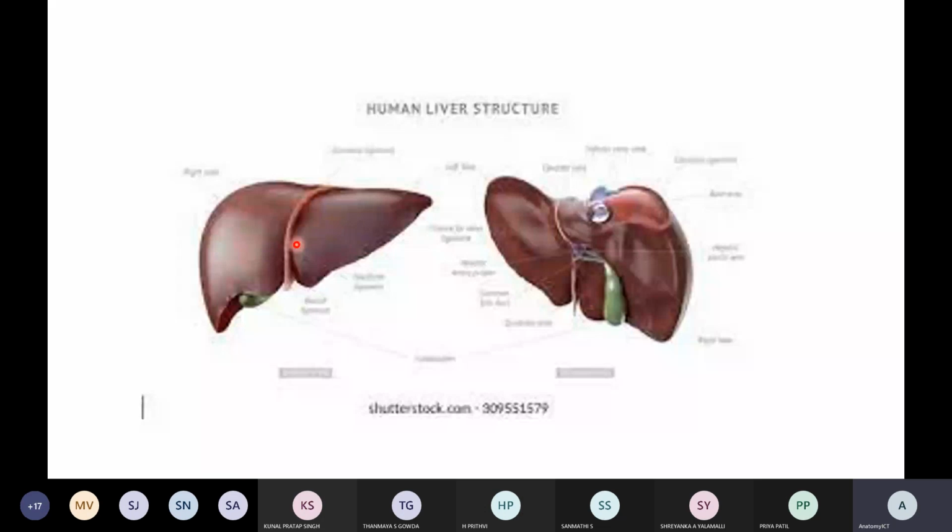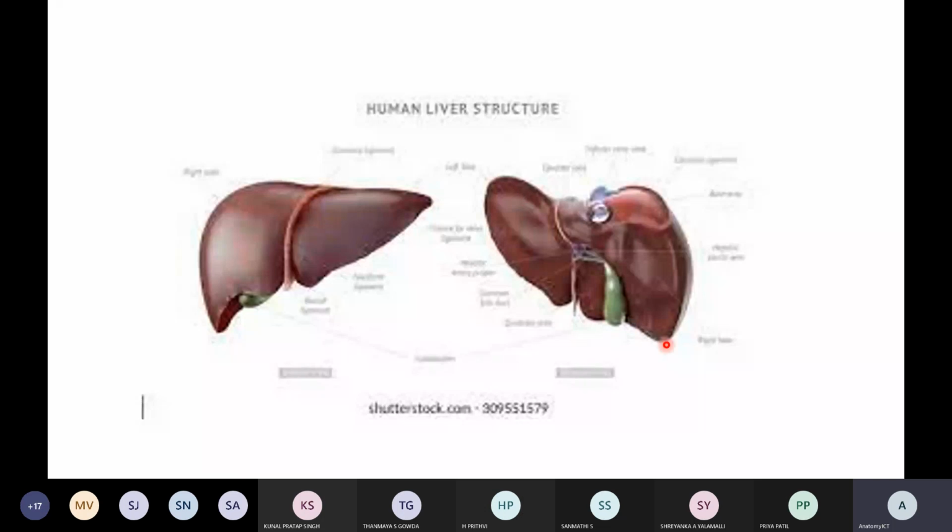The border dividing the anterior and superior surface is ill defined. The same is true between the anterior surface and the right surface, where the border is also ill defined. But from the superior to the right there is a sharp border.